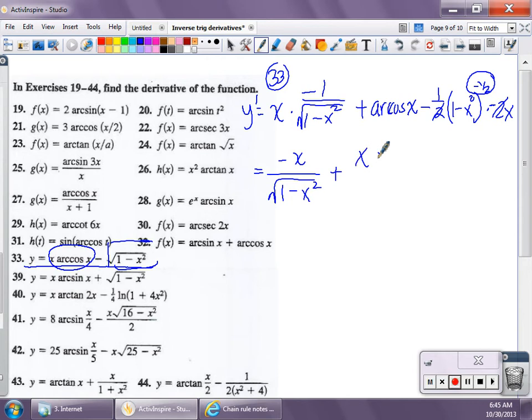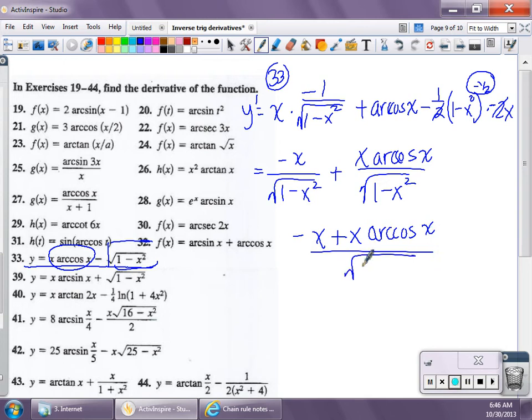x arc cosine over the square root of 1 minus x squared, and because these have a common denominator, I can make that negative x plus x arc cosine of x over the square root of 1 minus x squared.